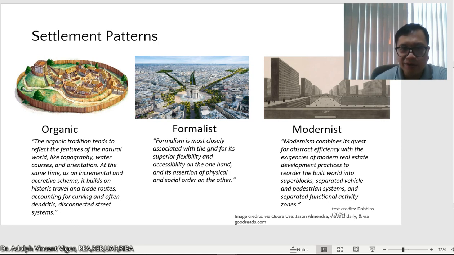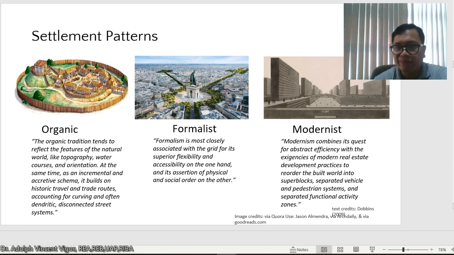It builds on historic travel and trade routes, accounting for curving and often dendritic disconnected street systems. Then we have the formalist. So formalism is most closely associated with the grid for its superior flexibility and accessibility on the one hand, and its assertion of physical and social order on the other.